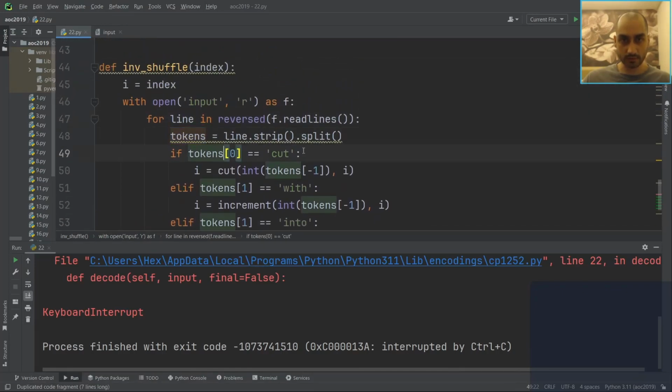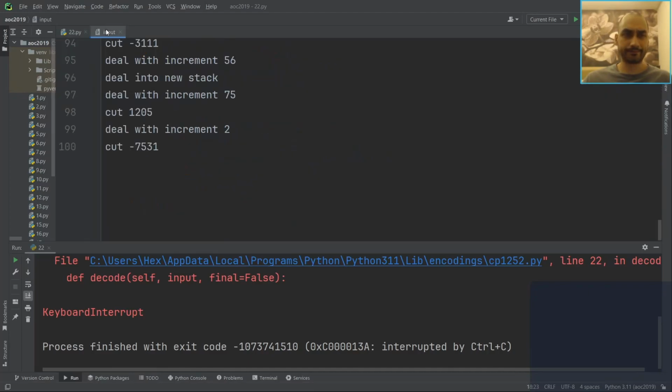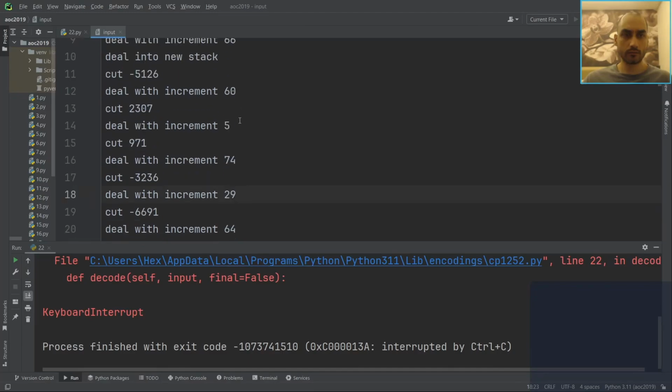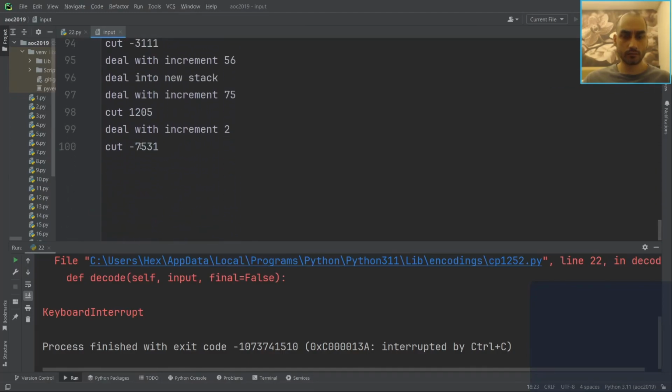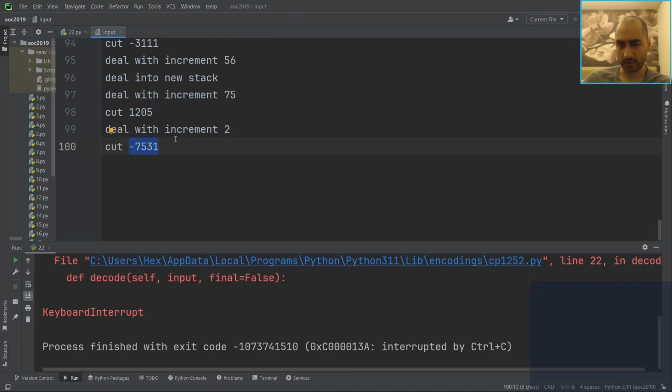So we do this as normal. So if the operation was cut a certain amount, then what we actually want to do is the opposite, which is cut of n minus that amount, right?